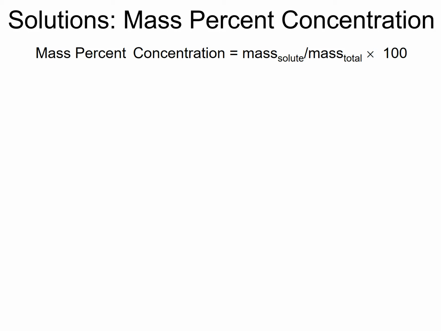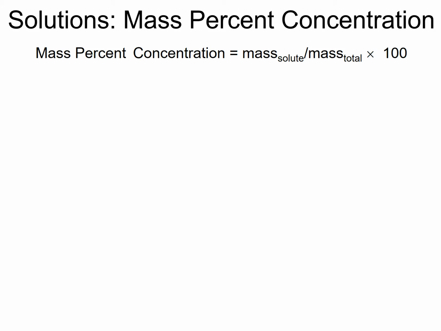One of the ways in which the concentration of a solution can be determined is by way of the mass percent concentration, which compares the mass of the solute to the total mass of the solution by dividing the two and then multiplying by 100 to make it a percent. This mass percent concentration system is used in the allied health fields, often, for example, in a drip IV, where the concentration of the saline solution would be written on the bag as a mass percent concentration value.